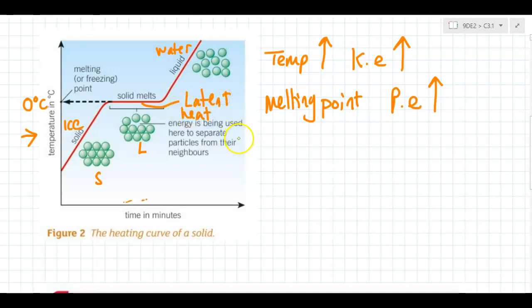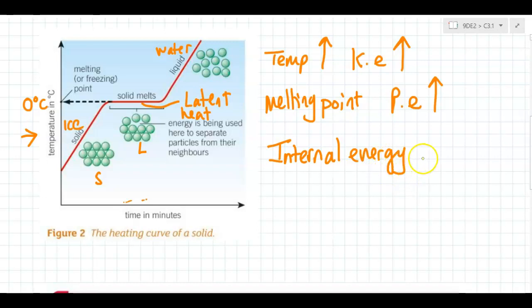Okay? So latent heat means the energy isn't making it get hotter, but it is giving the particles more energy by getting them to separate from each other. The arrangement of the particles is going to have more energy when they're a liquid. Okay? And so we can talk about, in science, the internal energy of a substance.